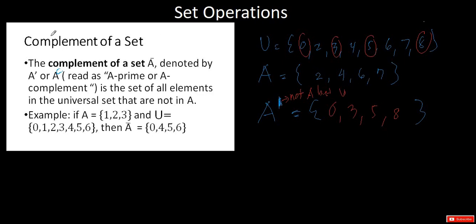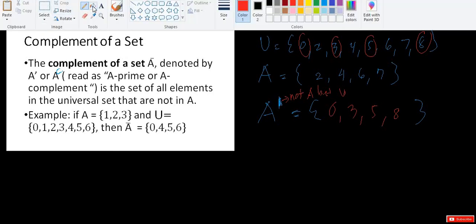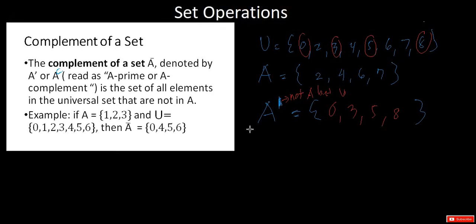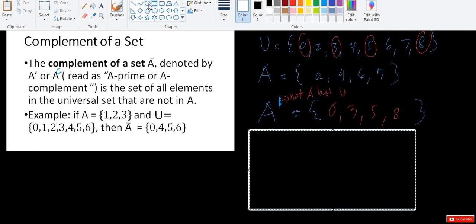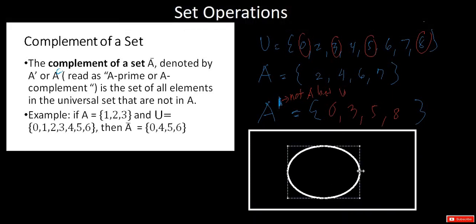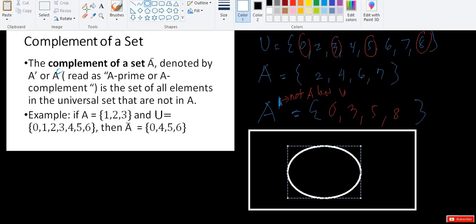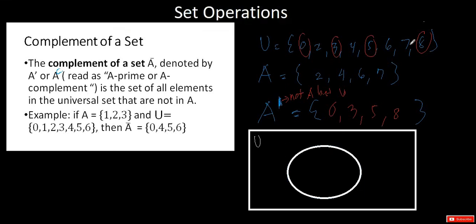Okay, so I am going to show you a Venn diagram. Let's try placing the elements in our example here inside the Venn diagram. Now, what are the elements of set A? We have 2, 4, 6, and 7. So this circle represents set A. And the rectangle is represented by the universal set.